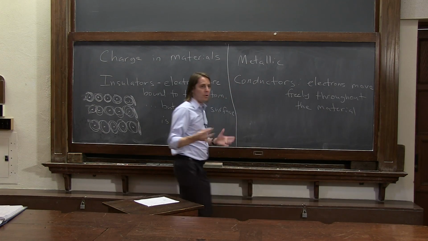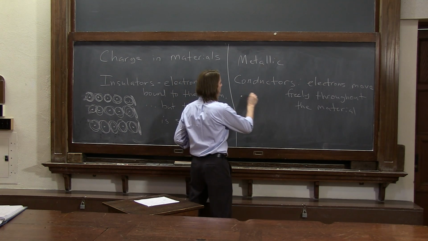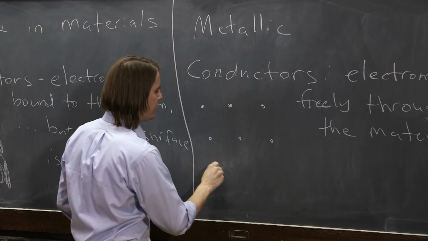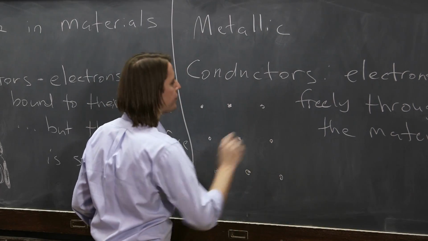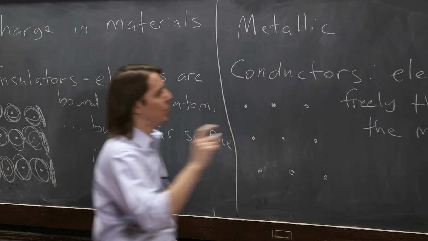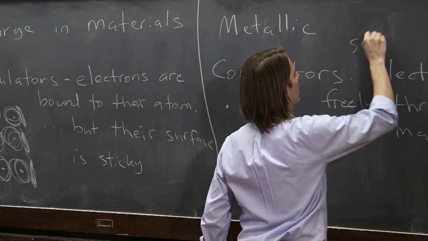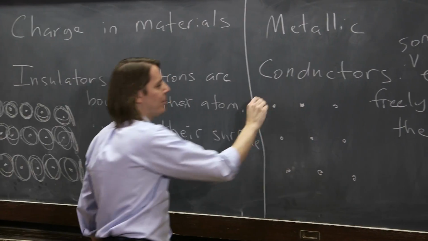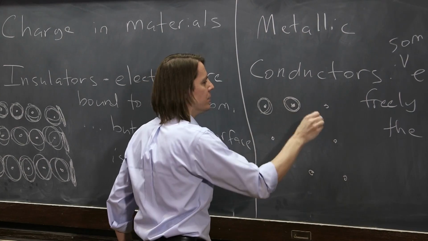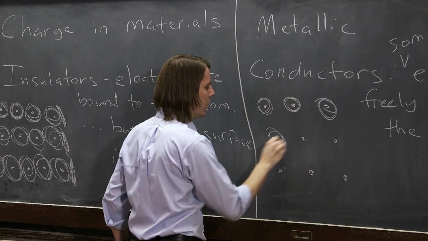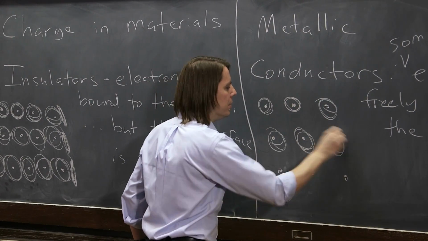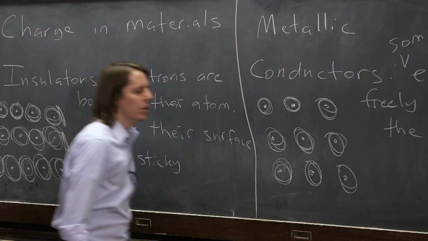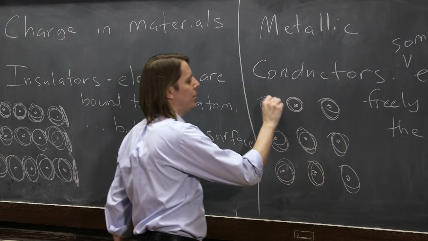Okay, so if I were to draw a metal like this, here's your atoms, like that. So some of the electrons are still bound, just like they were in the insulator. These electrons do not leave their nucleus, but then some are just free to wander around.